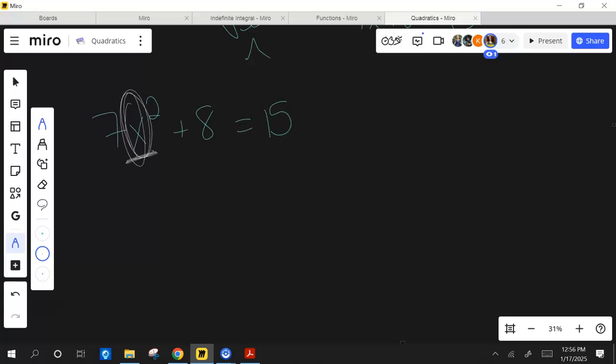Okay, so if I need to get x by itself, right? Addition, subtraction, okay, subtract 8, subtract 8. So now I have 7x squared equals 7. Now what? Divide by 7.